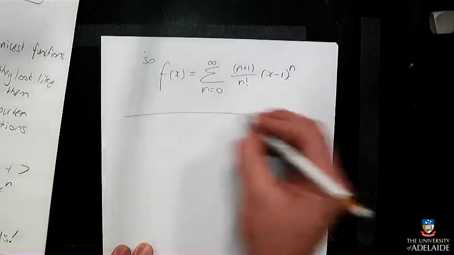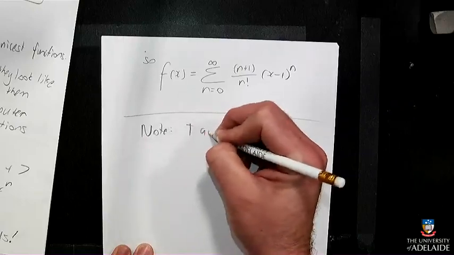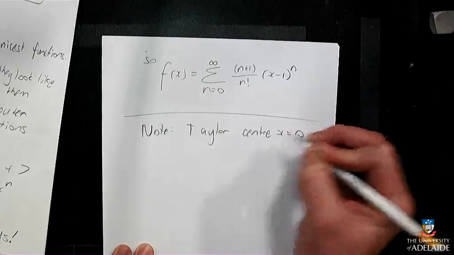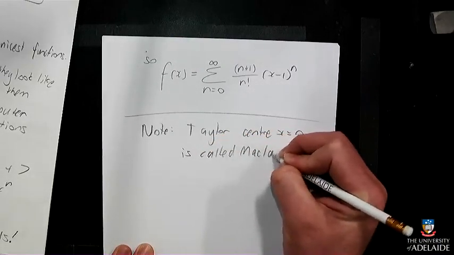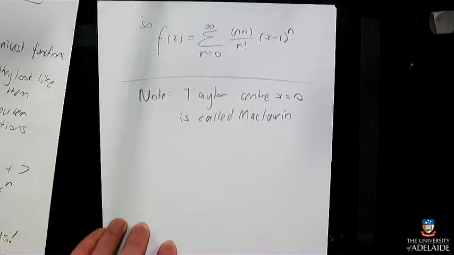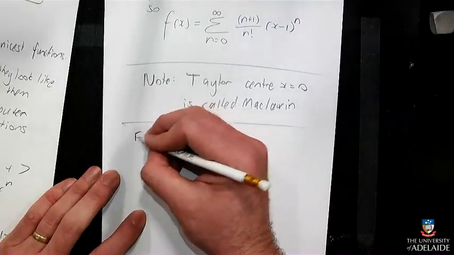Okay. So just as a note, Taylor with centre x equals 0 is called Maclaurin. Okay, and so there's some famous Maclaurin series.